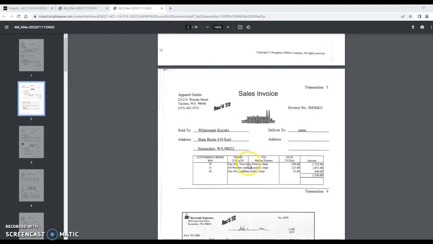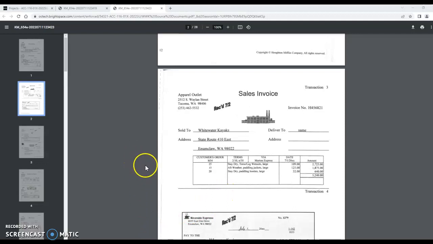Okay, and so here we are, we're the customer, we're buying this stuff on account. Okay, on July the 1st. And here's our big long invoice number. So we had determined in the first part of the video that this is a purchase on account of inventory, and therefore we're going to put it into the purchases journal.